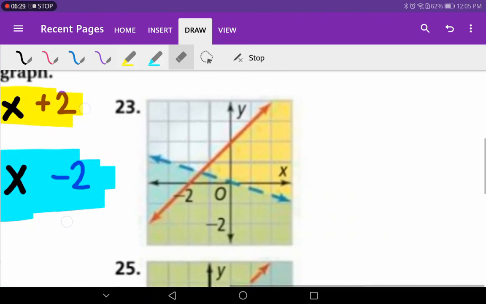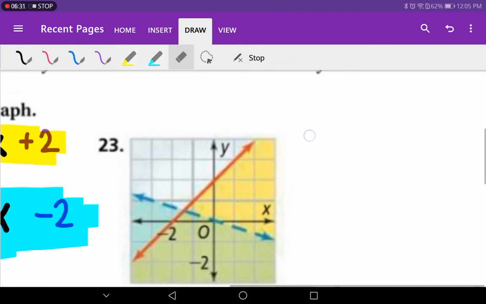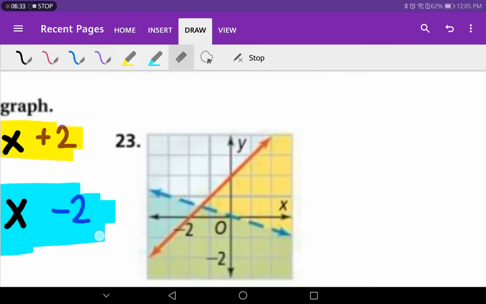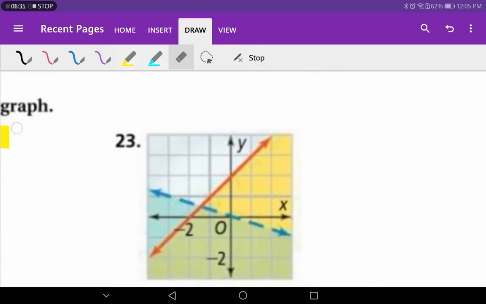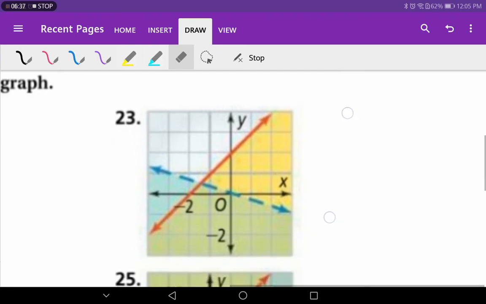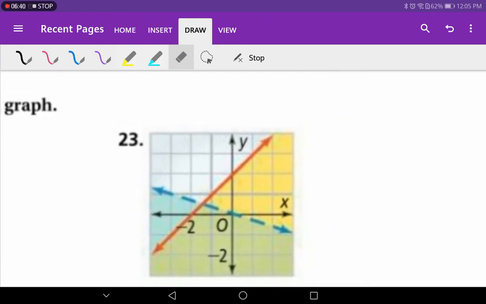Let us move to number 23 here. I like to erase everything before and start over here. Now I will start with the blue one here. It is dashes, as you see, so there is no equal sign. And let me determine the area for this line.